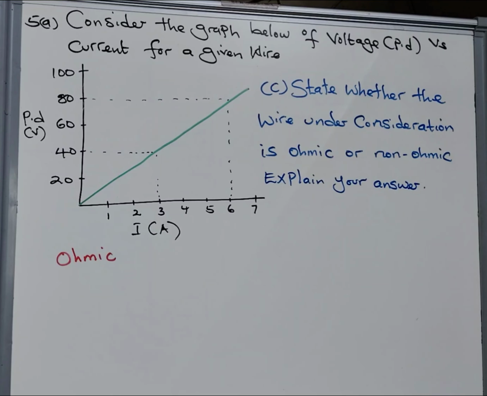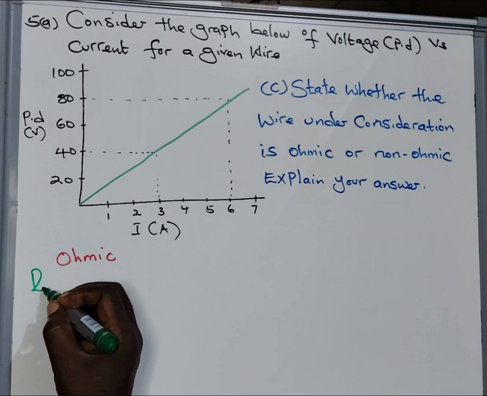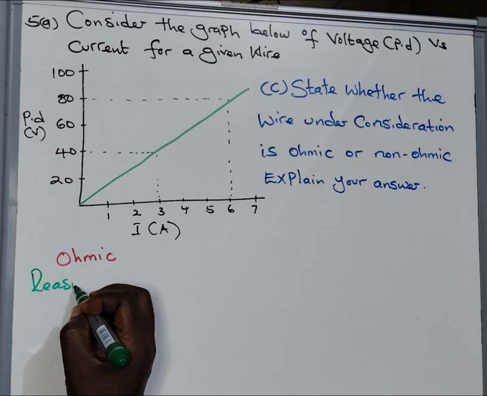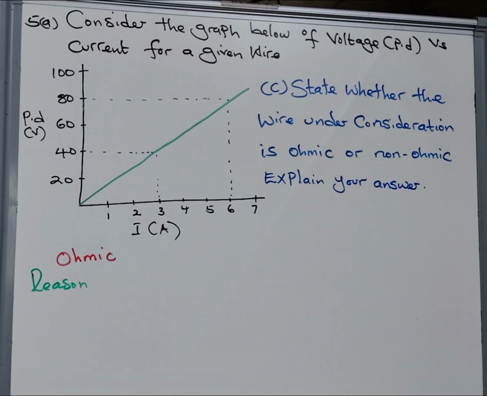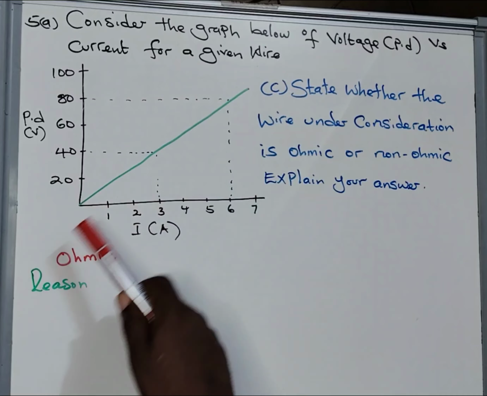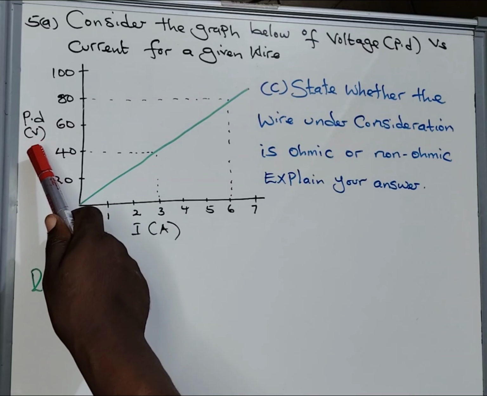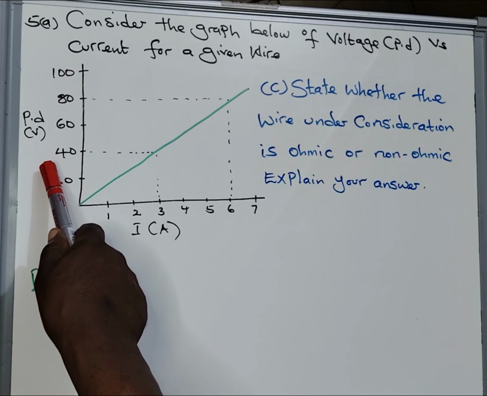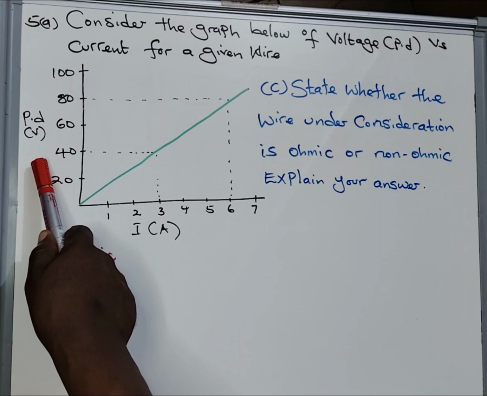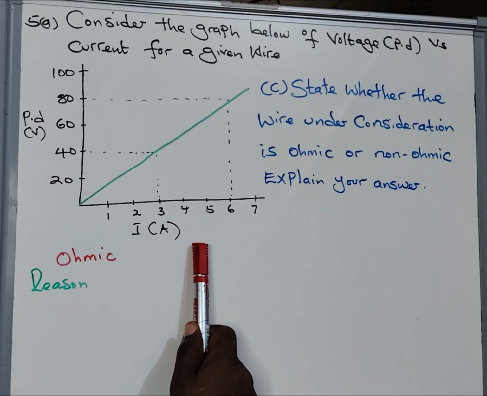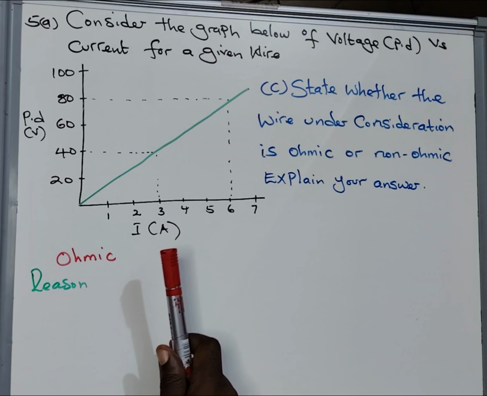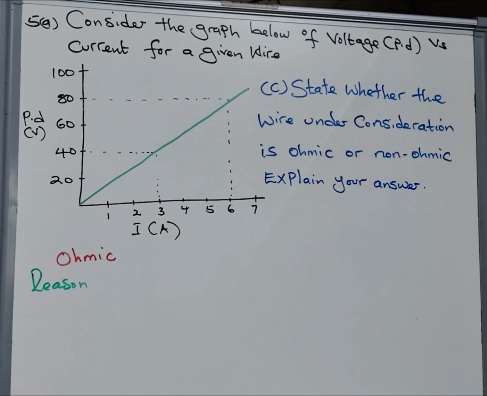What is the reason for choosing ohmic? The reason is that according to the graph, PD, or potential difference, is proportional to I, and that's Ohm's law.